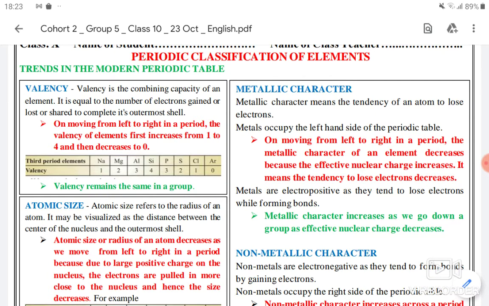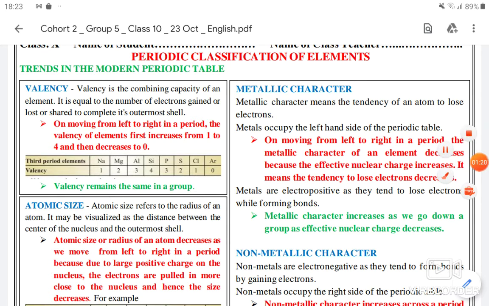Now if we look at the various characteristics of elements, how they vary in these groups and these periods, as you already know, we have classified the elements into these tables for studying the properties of elements easily, so that we can study the properties of similar elements in one go.